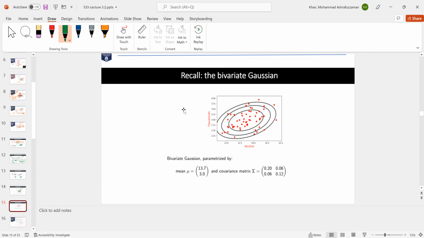So we can start from normal distribution or Gaussian distribution, and still we'll be able to find the actual distribution. That's why we need to be very clear about the Gaussian distribution.